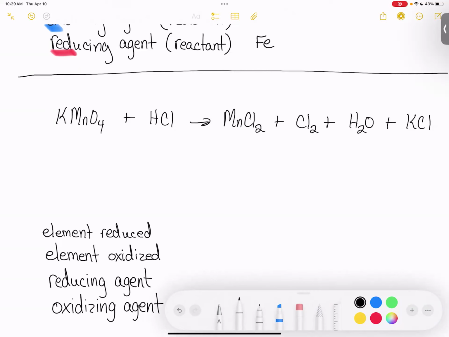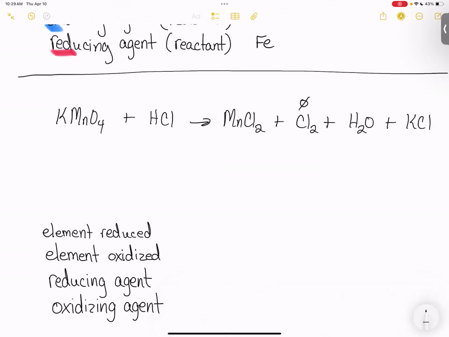So the only element in its standard state is chlorine, because it's the only compound that consists of only one type of element, and that compound is neutral. Rule number 2, ions of elements have the same oxidation state as their charge.